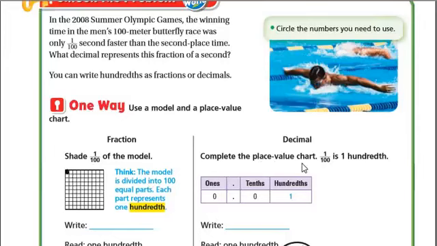This is one hundredth. How can we write it as a decimal? Do we have any whole number here? No. So you will write it first in the fractional form, like 1 out of 100.